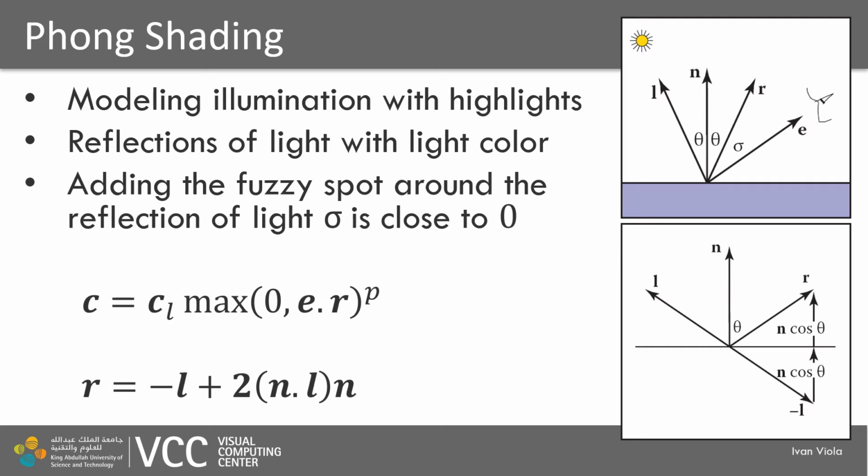How can this be achieved? This can be achieved by evaluating what is happening. How are these highlights coming in place? When we look at our desk, for example, we see that it is a reasonably diffuse surface, but it is also reflecting the light source from its surface.